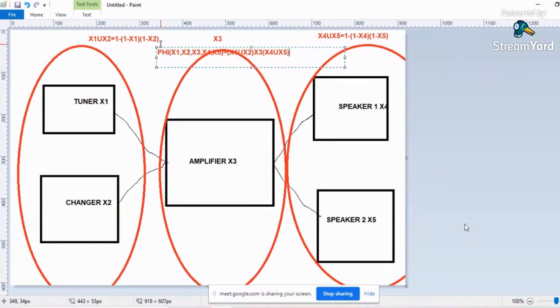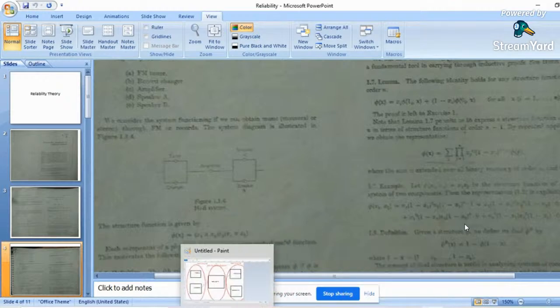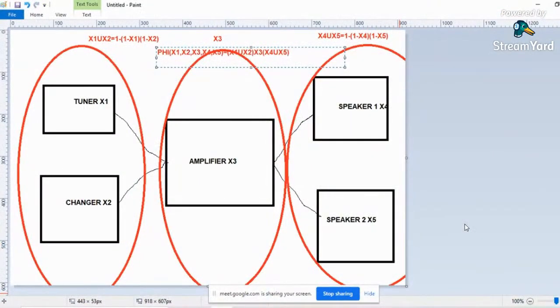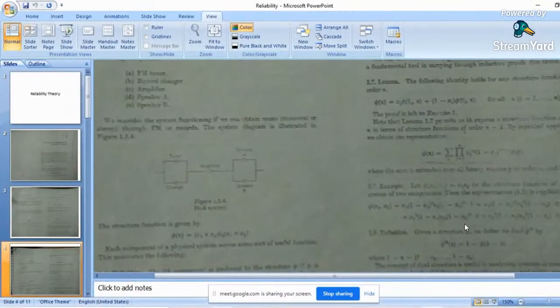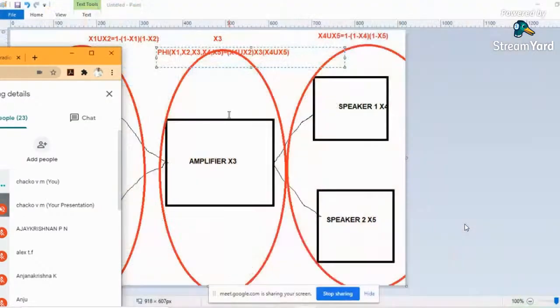We can substitute the right hand side of x1 union x2 and x4 union x5, and we will get the expression like this. Yeah, it is displayed here. It is not clear at the same time. That is written in this page. No problem. Okay.